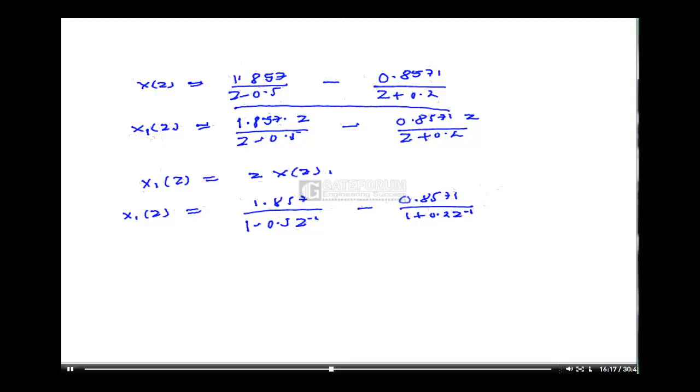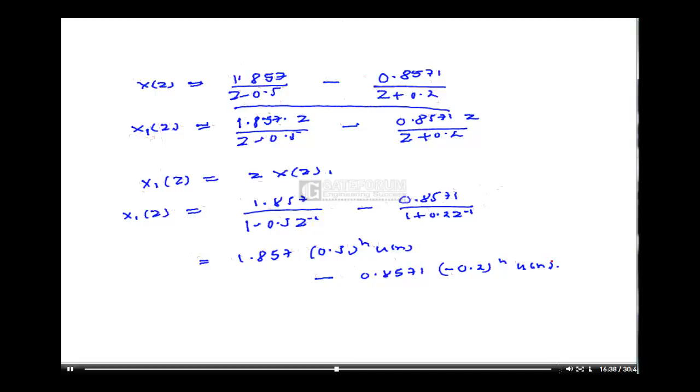Okay, so I'll get x1[n] something like 1.857 times 0.5 to the power n u[n] minus 0.8571 times minus 0.2 to the power n u[n].